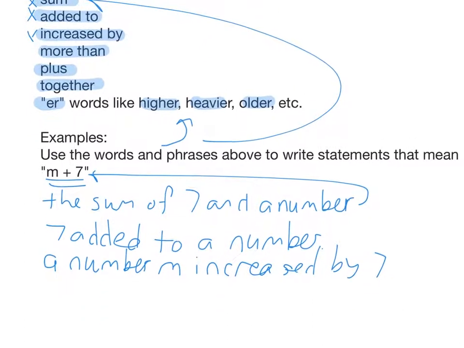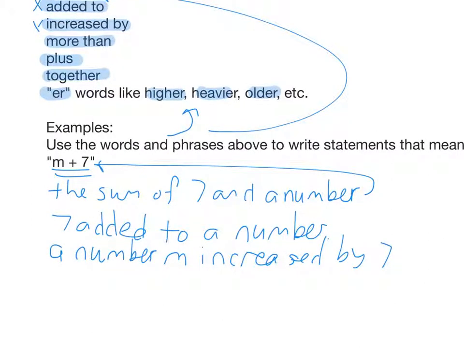Next one, more than. Order is important in this one. If you're trying to write something that means m plus 7, that is not m more than 7. That's getting 7 more than something. If you add 7 to it, you're getting 7 more than it. So the way you would say that is 7 more than m.